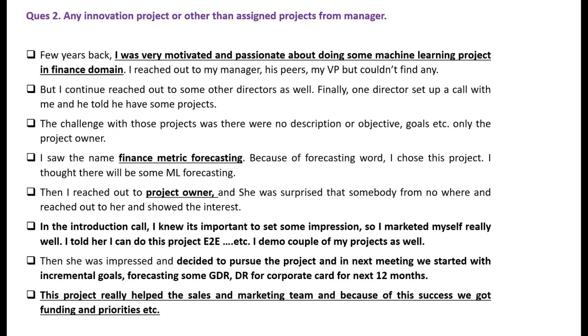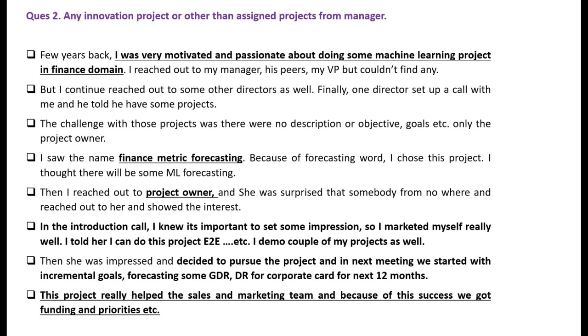And this project was really helpful for the sales and the marketing team, because they were able to forecast the different travel expenses, sales, cost cutting, and a bunch of different metrics which really helped them to plan their timelines, plan their financial things, and make the right decisions, timely actions, or the insights they actually wanted to see.